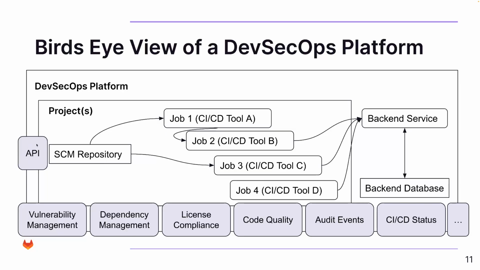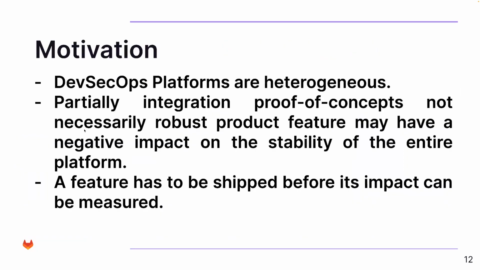And then there's usually also an endpoint, an API, that people can communicate with to automate some of these tasks. So basically, what I wanted to show with this picture is that DevSecOps platforms are heterogeneous. You have a combination of different components, and the DevSecOps platform holds all of that together and orchestrates the execution among these different components.